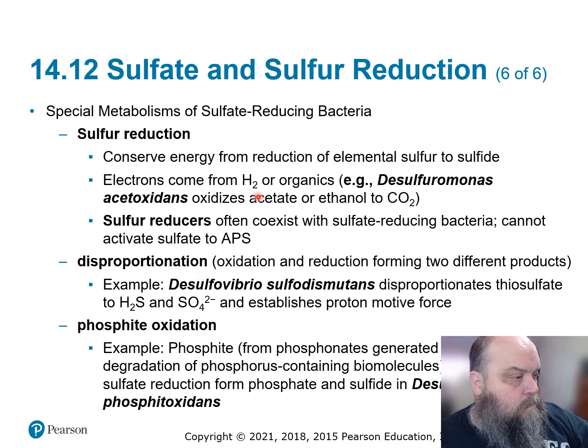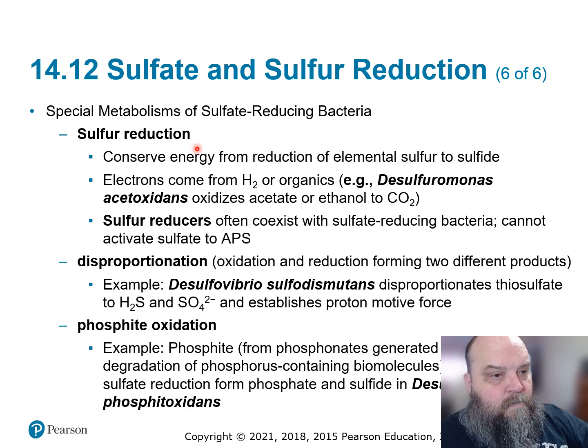Other potential means of utilizing sulfur reduction: when they go through and do this, there are alternate mechanisms because they need to conserve. This sulfur metabolism is a low energy yield, so if there are other things that can be used, they will use them.